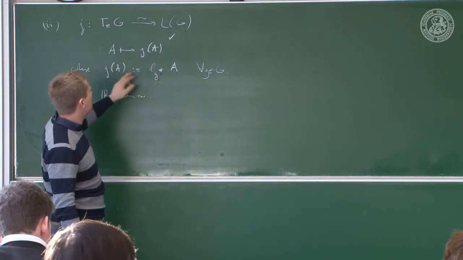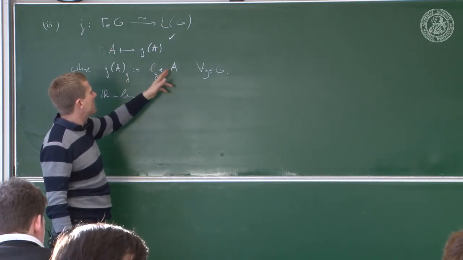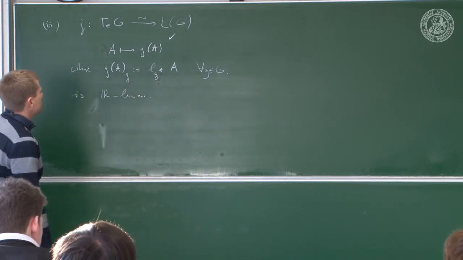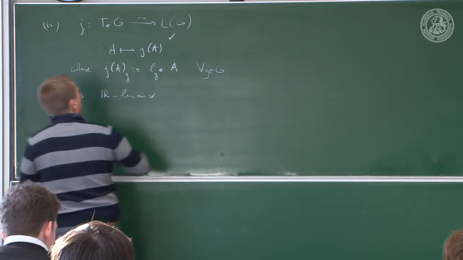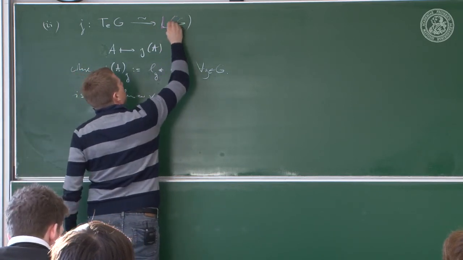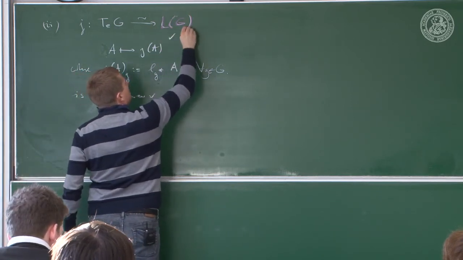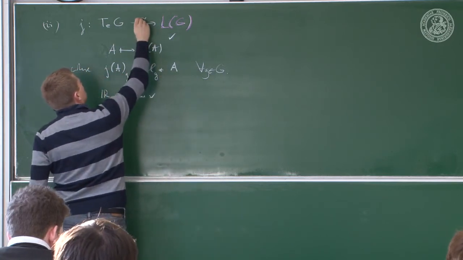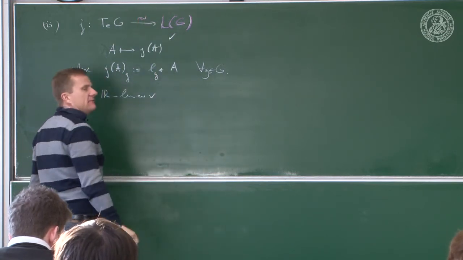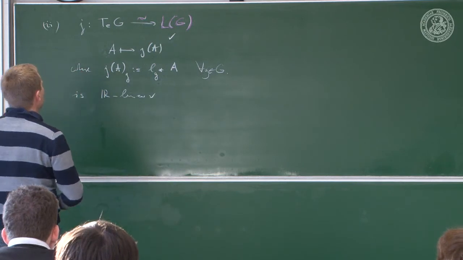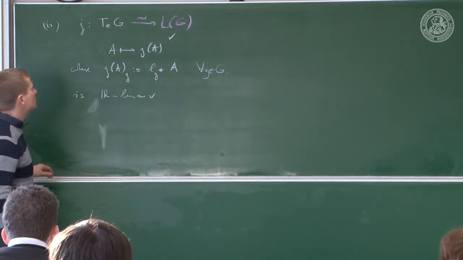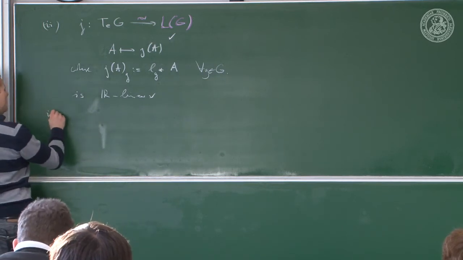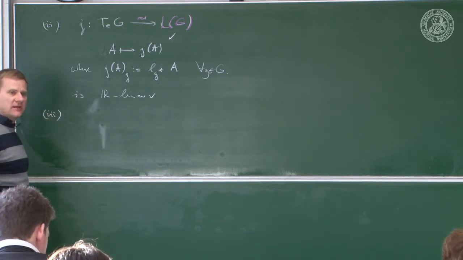So A plus B leads to L_G star A plus L_G star B. So certainly it's R-linear. So in number 1, we verified that indeed the target is the left invariant vector fields. And now in 2, we verified that in fact it's a linear map. It remains to be shown that it's invertible, so that's an isomorphism, or that it's injective and surjective.